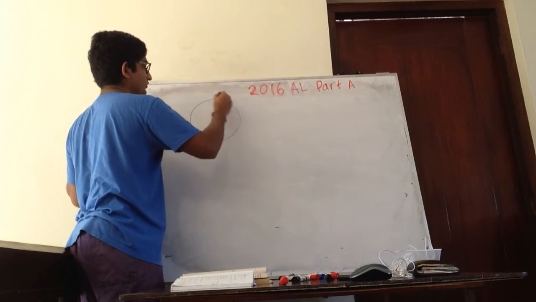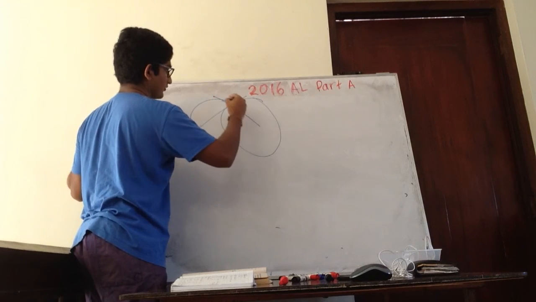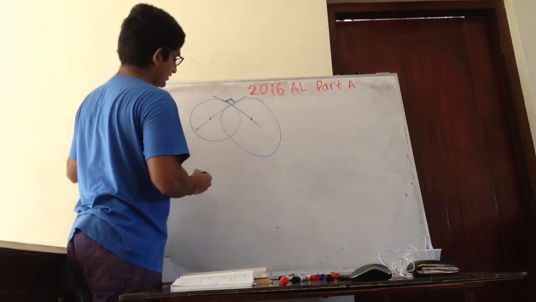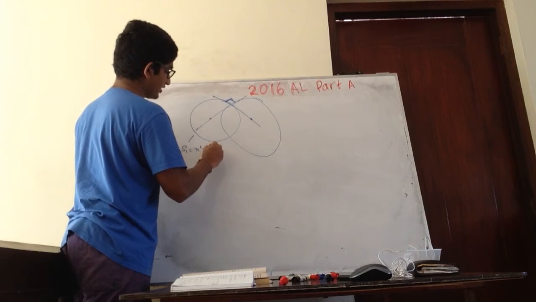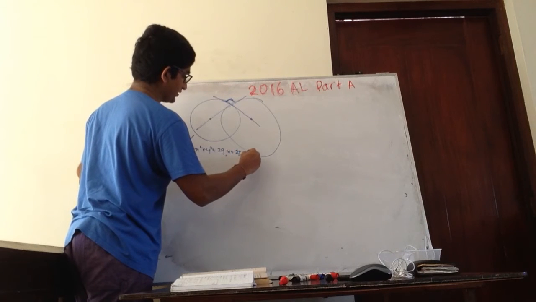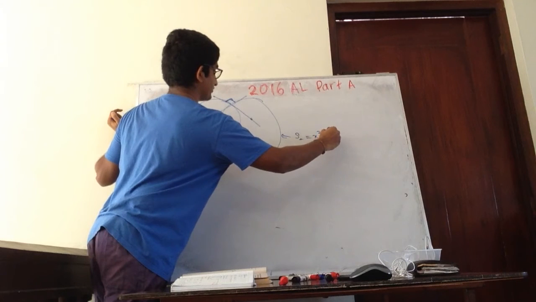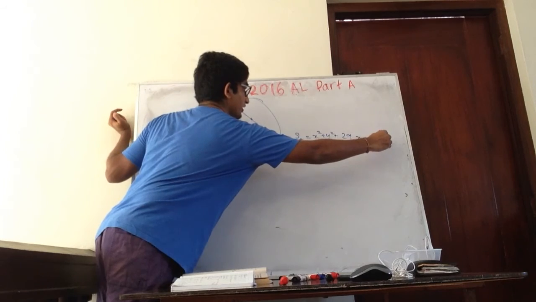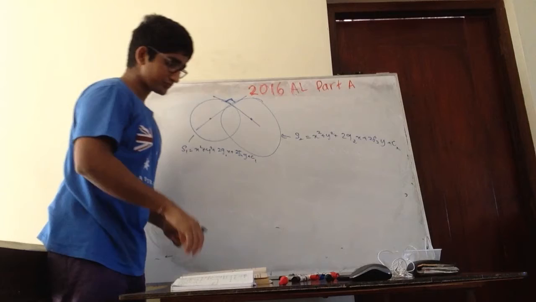Now if there are two circles intersecting orthogonally, let this be S1: x squared plus y squared plus 2g1x plus 2f1y plus c1, and this is S2: x squared plus y squared plus 2g2x plus 2f2y plus c2, right?